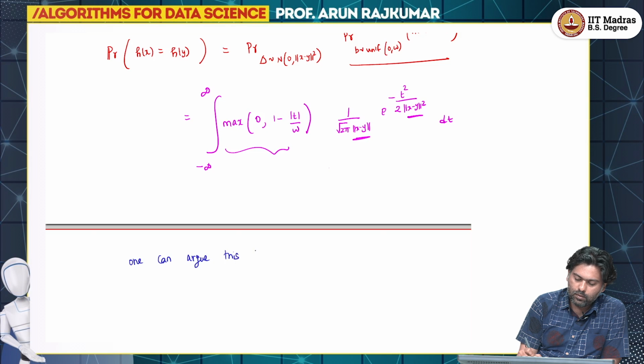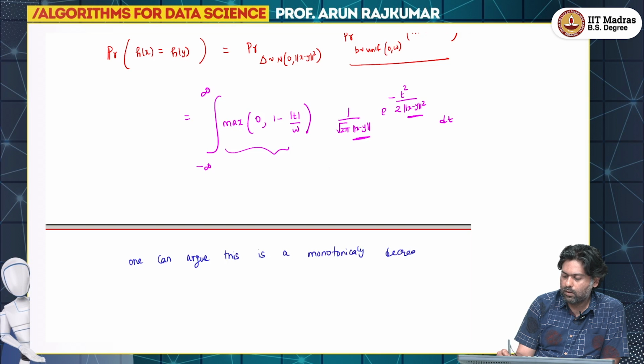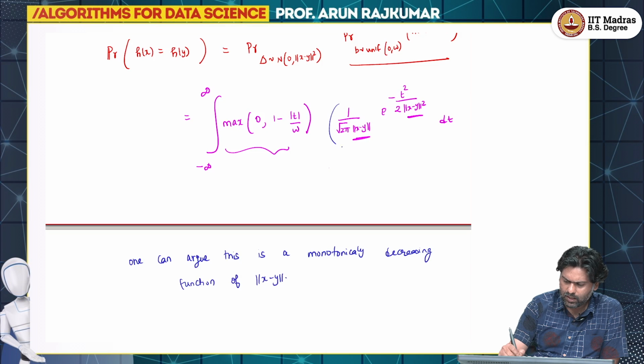this is a monotonically decreasing function of norm x minus y. In fact, this guy can be taken out here.